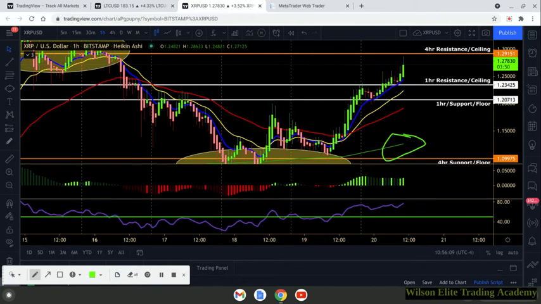That's the first question. The second question I ask myself is this. Where is the momentum of the market? Which would be the candle of the hour. This candle right here. Which would be this candle right here at 10 o'clock.